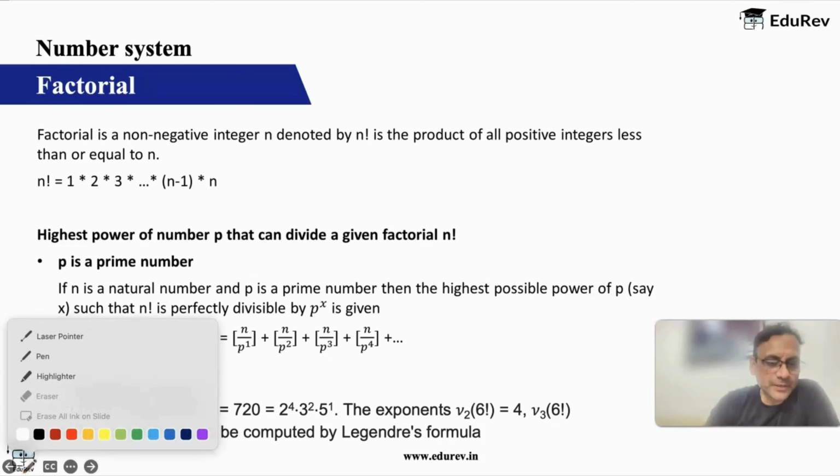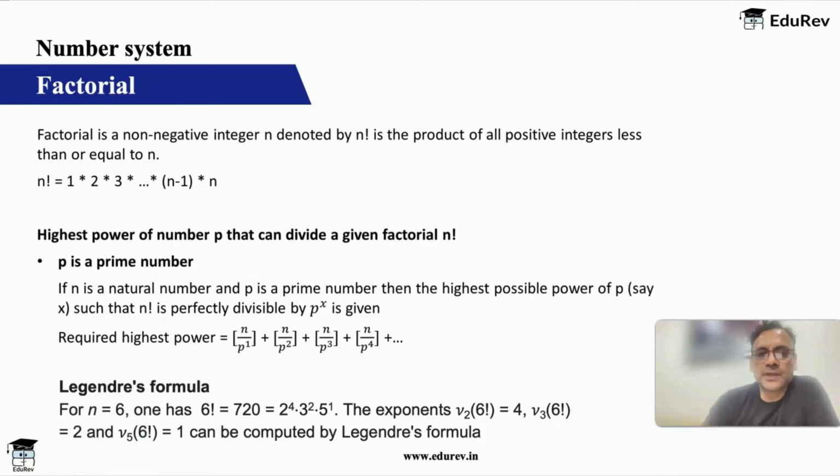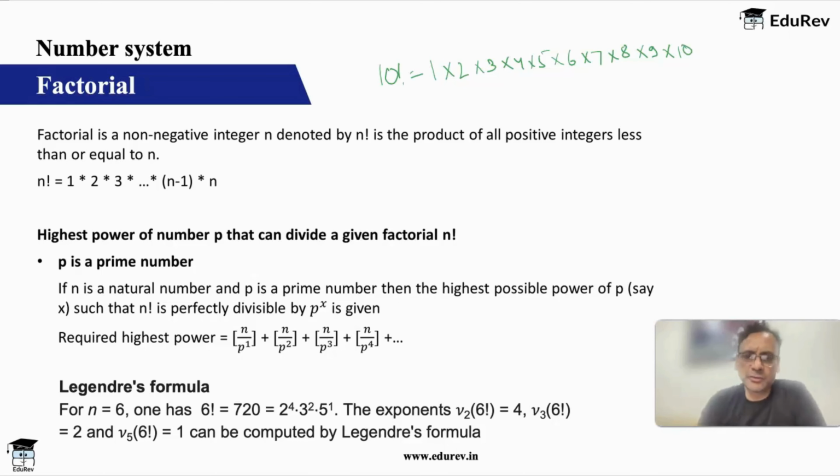So if you have, let's say, 10 factorial, then 10 factorial is nothing but 1 into 2 into 3 into 4 into 5 into 6 into 7 into 8 into 9 into 10. You can write from 1 to 10 or you can write from 10 to 1. That does not matter, but this is what 10 factorial is.